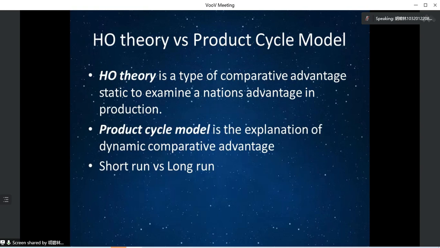Okay, this is the H-O theory and the product cycle model, and we would like to do some comparison. What is the difference between these two? H-O theory is a type of static comparative advantage. We use it to examine a nation's advantage in production, for example, which country has more advantage in producing rice, like Thailand.